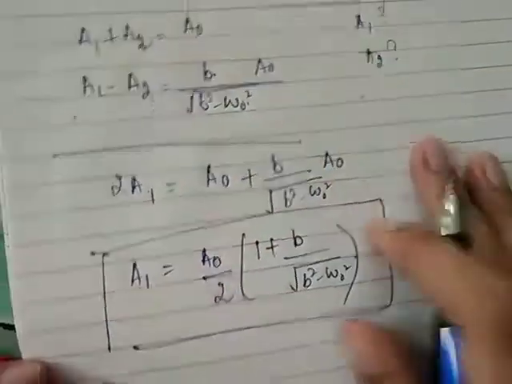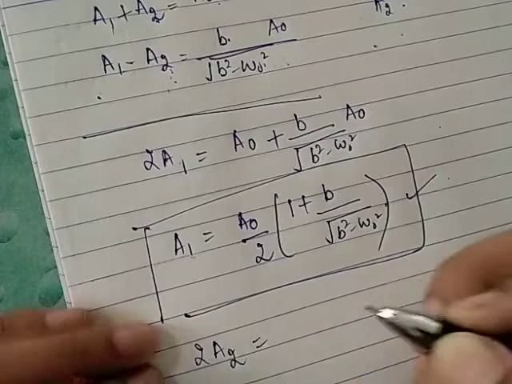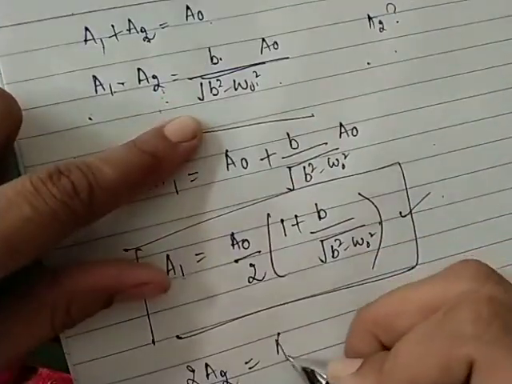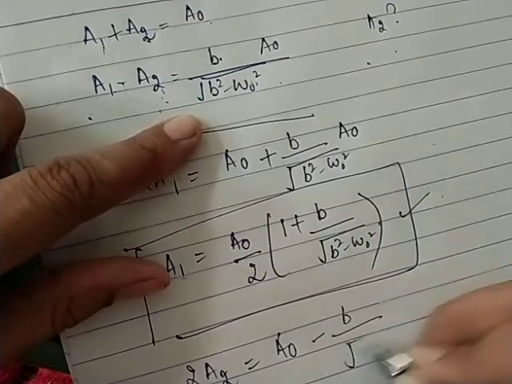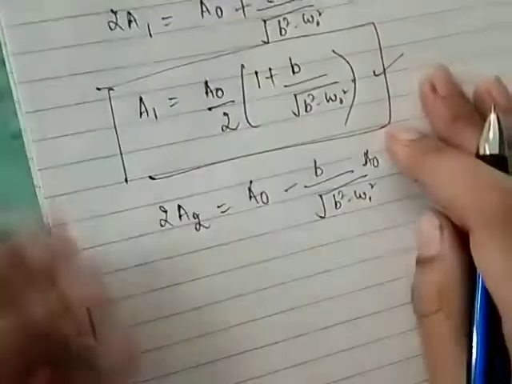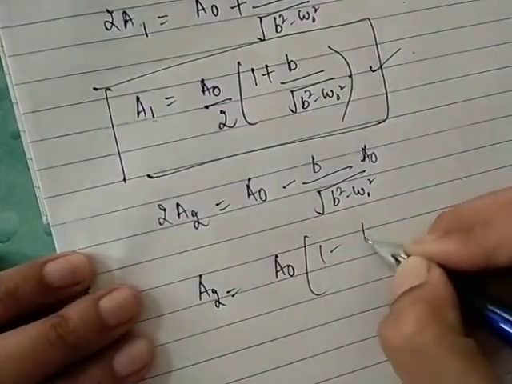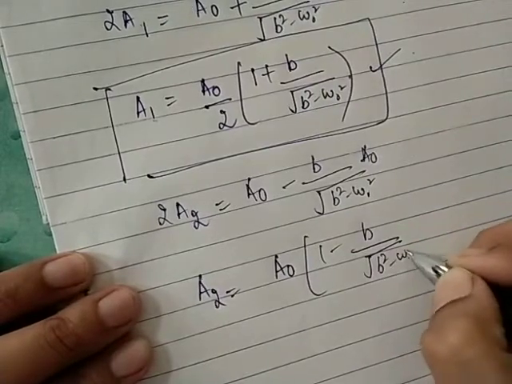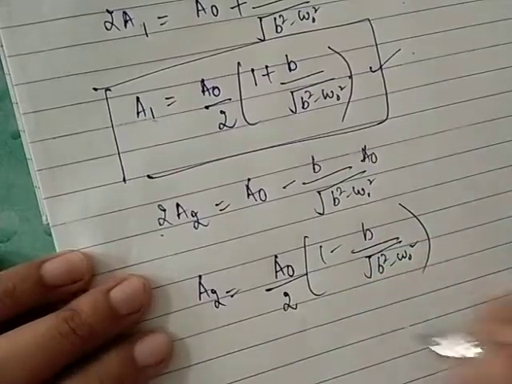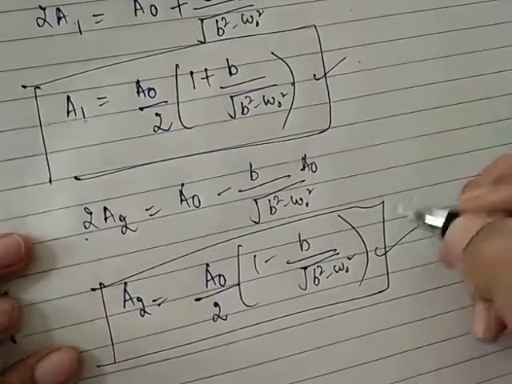So I would have 2a2 is equal to a naught minus b upon under root b square minus omega naught square a naught. So finally a2 is equal to a naught by 2, 1 minus b upon under root b square minus omega naught square, and this 2 would be written over here. So this is the value of a2 and this is the value of a1.